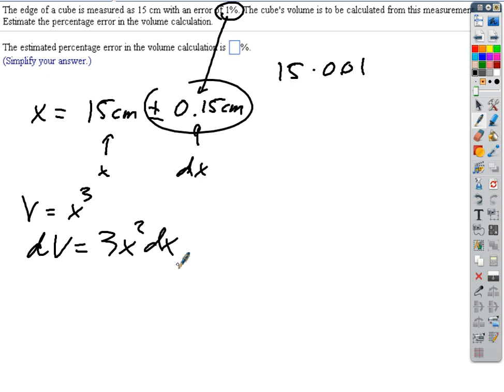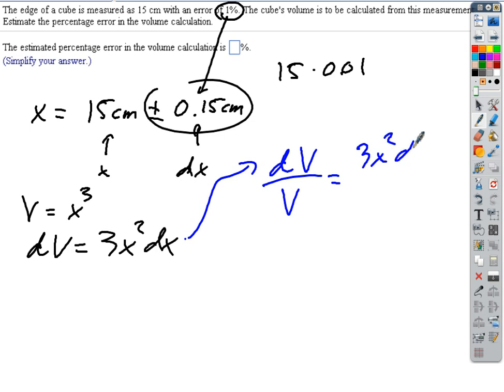So what we're trying to calculate is this, dV over V. Well, what's dV? It's 3x squared dx. What's V? It's x cubed, right? And so we don't want to just plug numbers in there. We'd rather say, okay, well, x squared over x cubed just leaves me an x on the bottom, right?